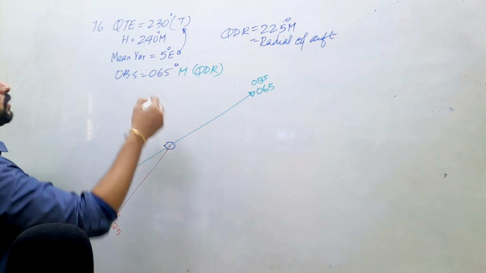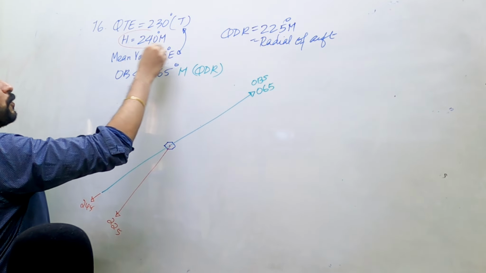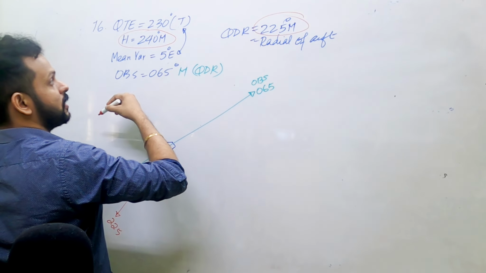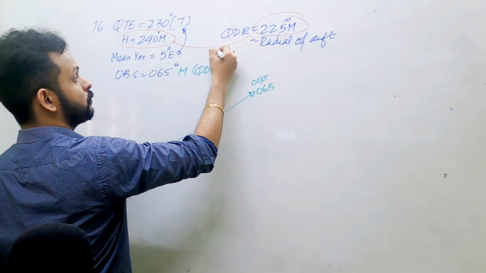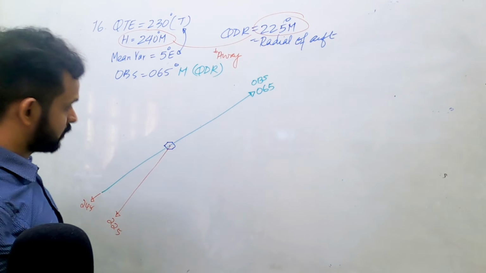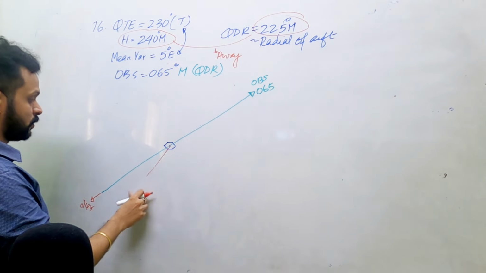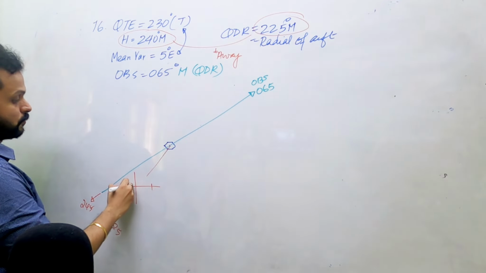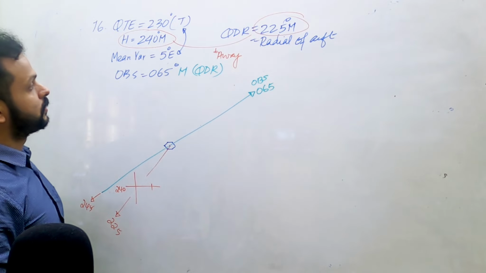Therefore, what you can see here is with a heading of 240 and a radial of 225, the aircraft has to move away from the station. So let's place that 240 here. This is the aircraft on a heading of 240. That's it.